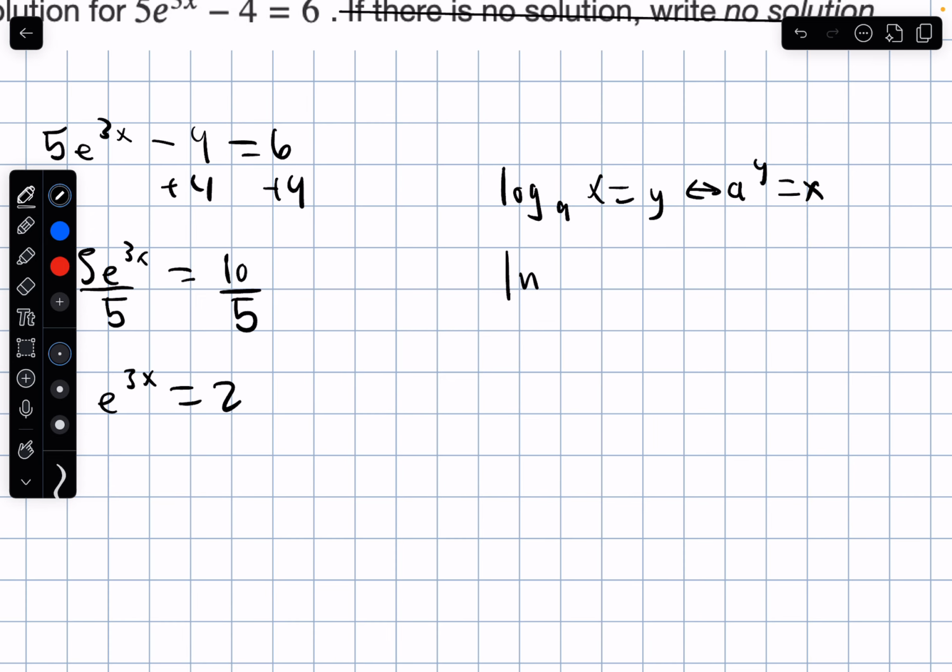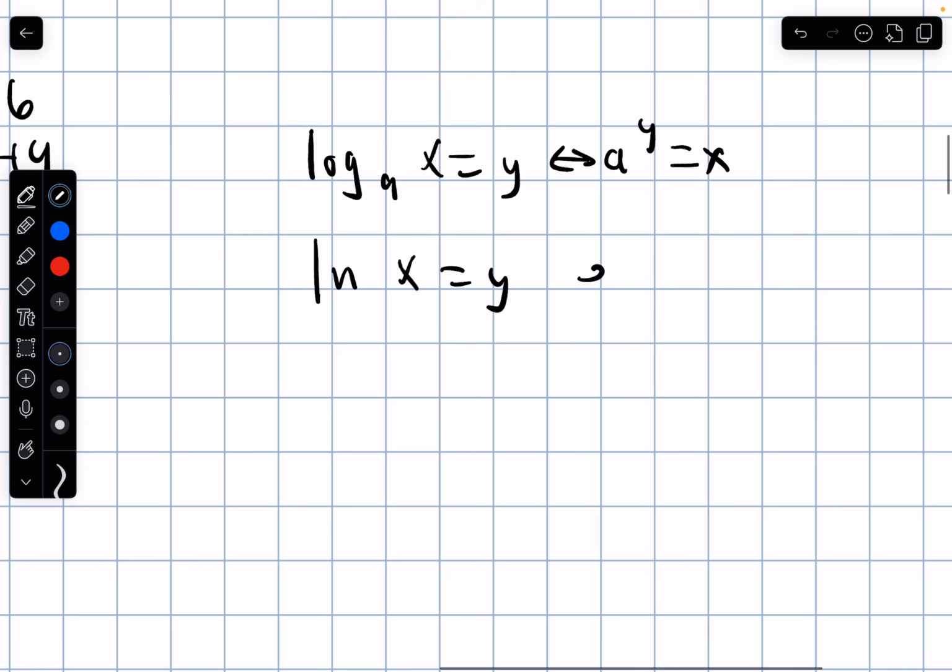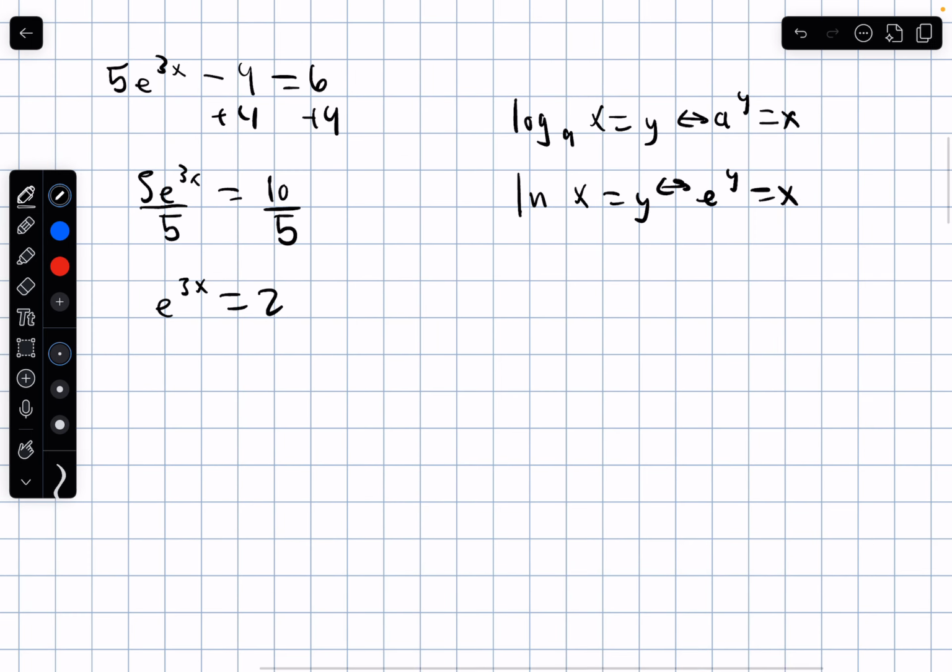So ln x equals y when e to the y equals x.